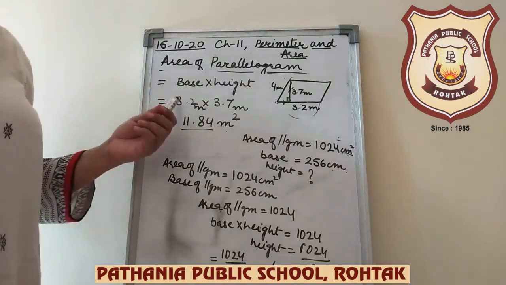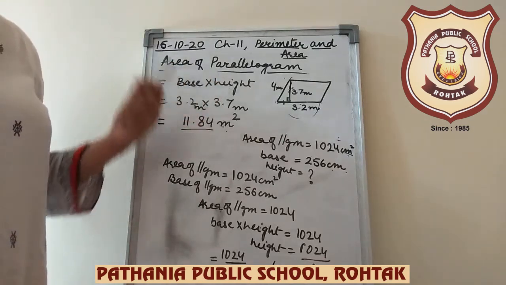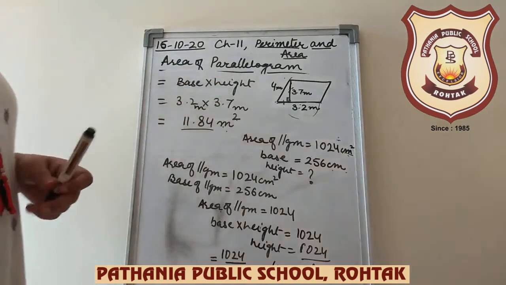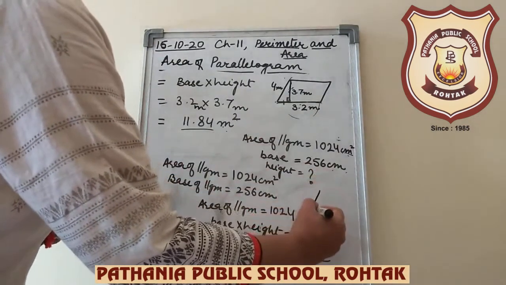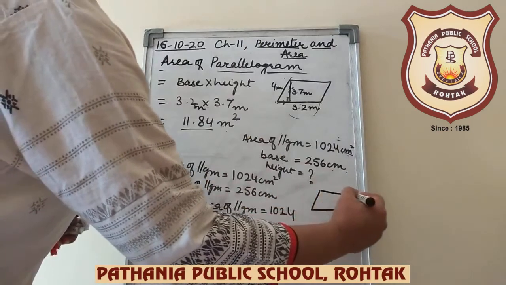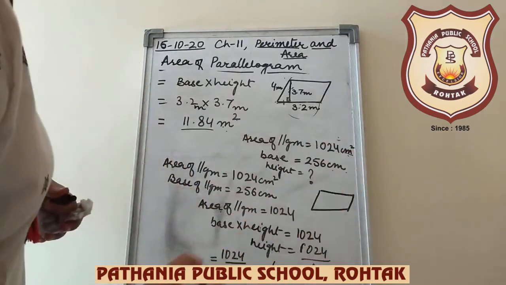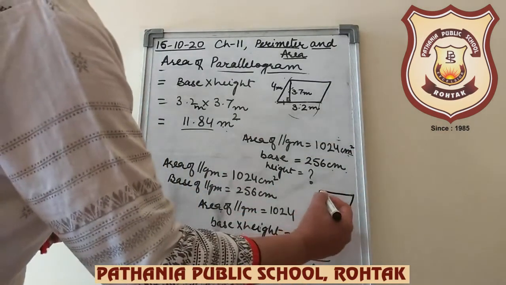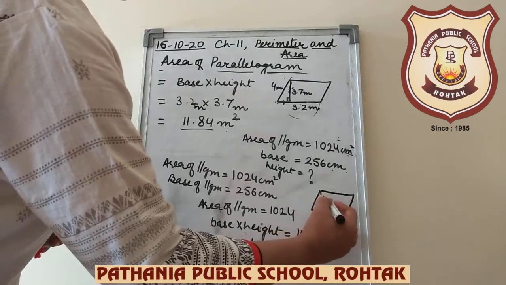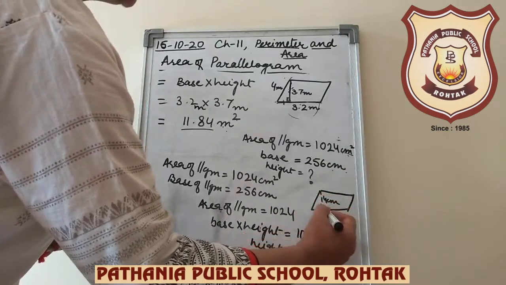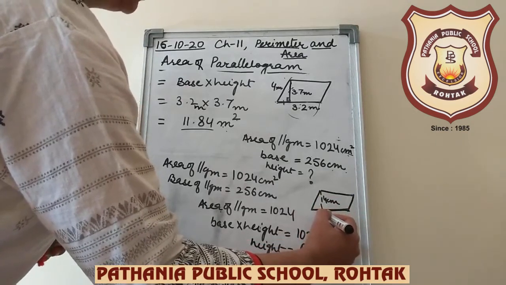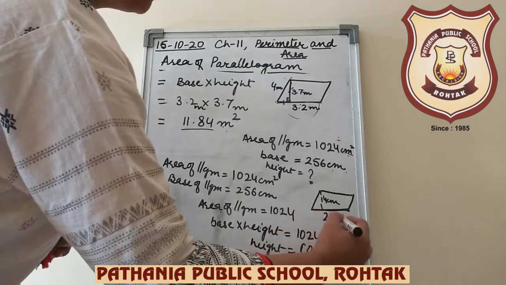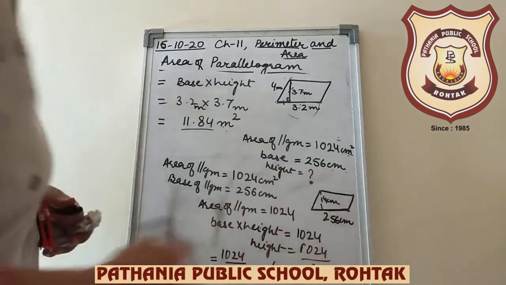How to calculate the area, and the only thing that you have to keep in mind, if you have to draw the figure for this, the height is 4 centimeter. If I am drawing this height of 4 centimeter here, then the base will be this side on which it will fall. So it is going to be 256 centimeter.